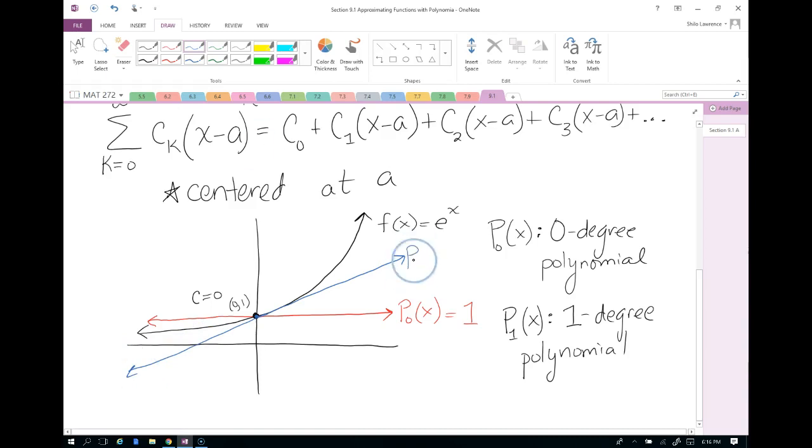And this is our p sub 1 of x, which ends up being 1 plus x. Intercept of 1, slope of 1. And you can see that at least to the right of the point (0, 1), our black graph and our blue graph match up pretty nicely. So it's a better approximation. It's still not great though.